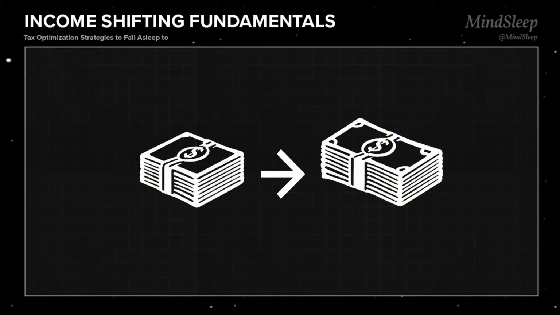while conserving resources. Fundamental timing strategies play a crucial role in income shifting. Consider the ebb and flow of tides. Just as the moon's gravitational pull affects the timing of high and low tides, so too can the timing of income recognition impact your tax liability.